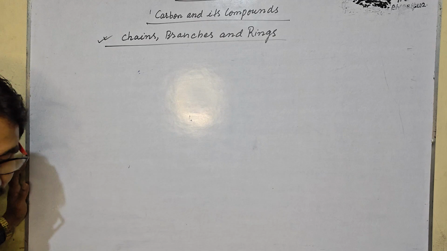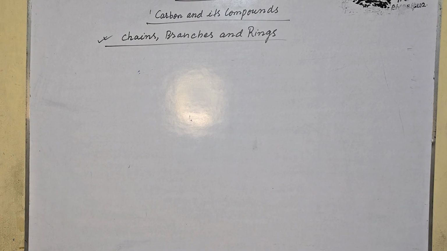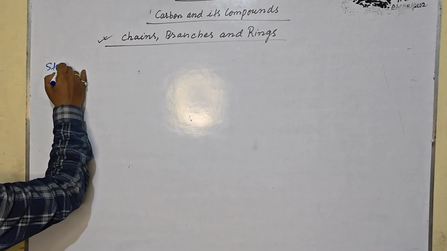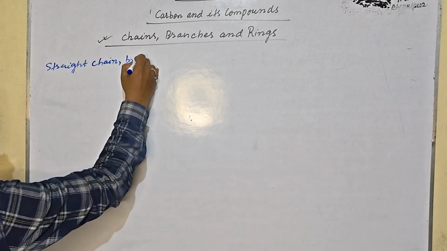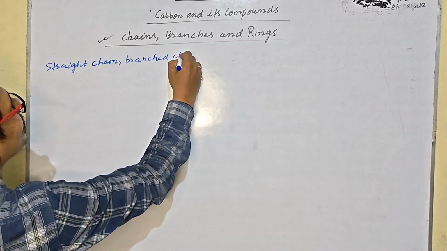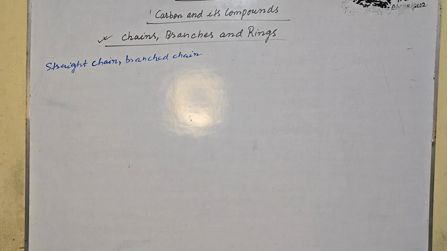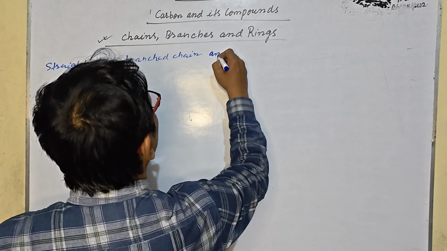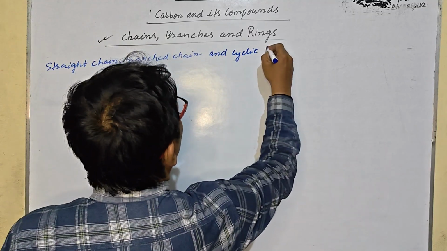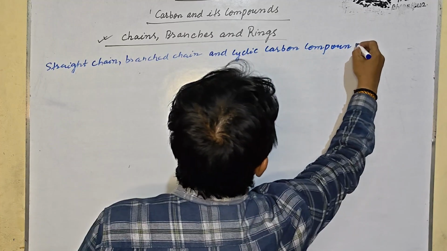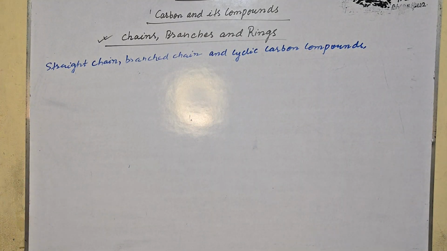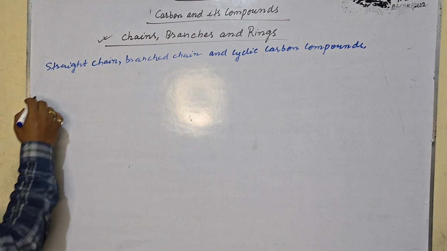So let us understand the last point, that straight chain, branch chain and cyclic carbon compounds all may be saturated or unsaturated.